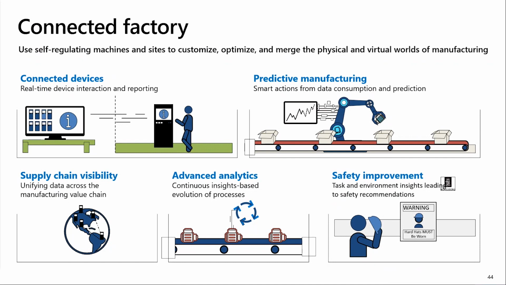Now, predictive manufacturing, I find it kind of interesting. Imagine if you can adjust your processes and systems to trigger preventative action when certain conditions occur. Here's one scenario, where one of your machines is reporting an increase in vibration. I've worked a lot with pumps and motors, and you know what a change in vibration typically means.